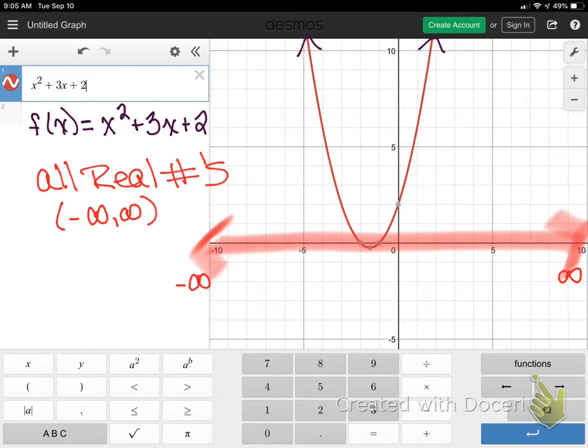Now, what you need to look for in this class, there are two situations where you have to limit your domain.